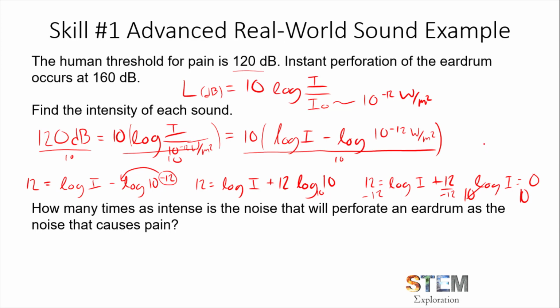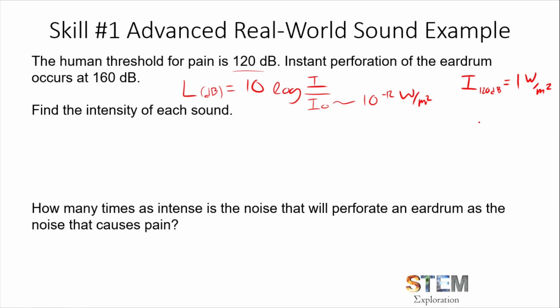So I at 120 decibels is equal to 1 watt per meter squared. Hopefully you can see how some of these operations work and how we can apply properties of logarithms to solve this.